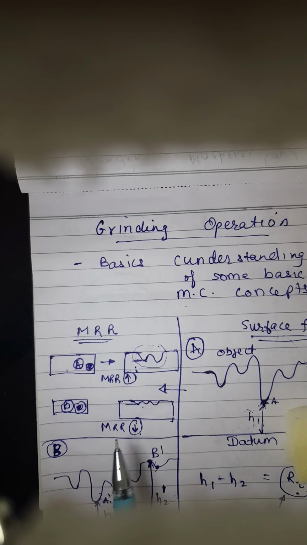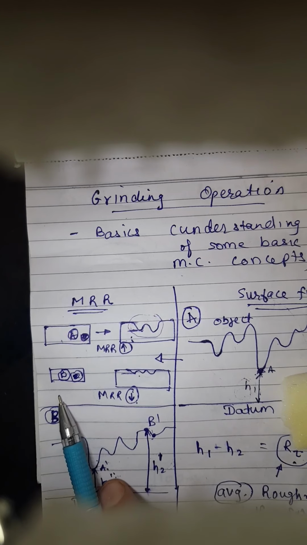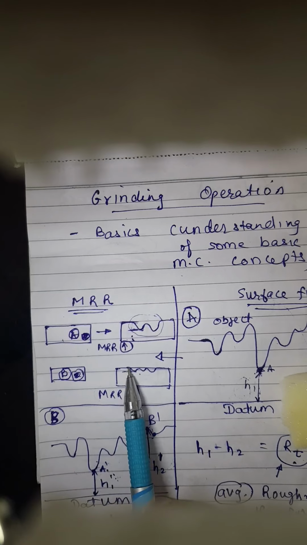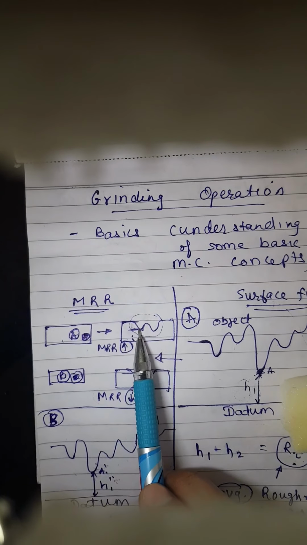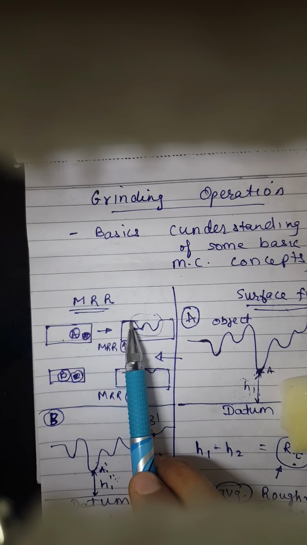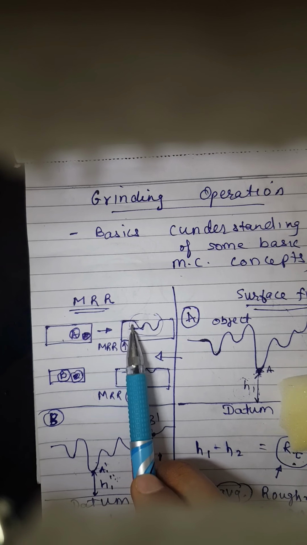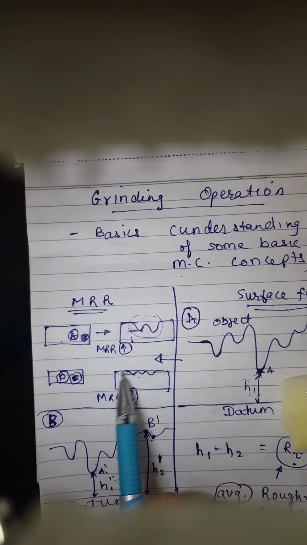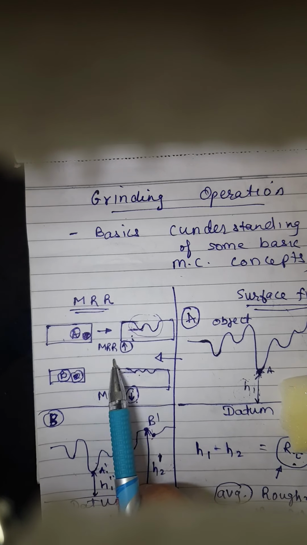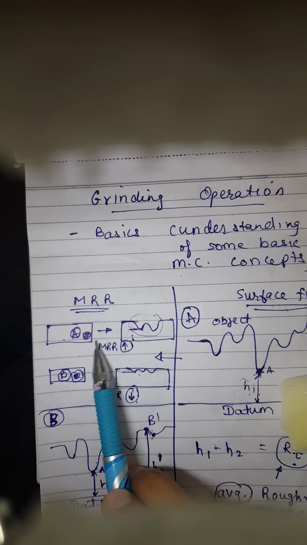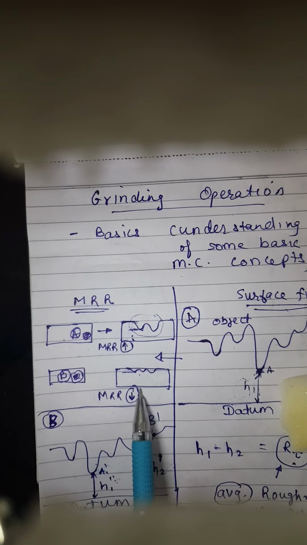Similarly, for some object B, I could find something like this kind of surface finish. Now we can see that the lowest point, when I'm measuring with respect to the normal surface here, this gap that I'm talking about is much higher than this gap, which means that the material removal rate, that is the MRR, is more here and less here.